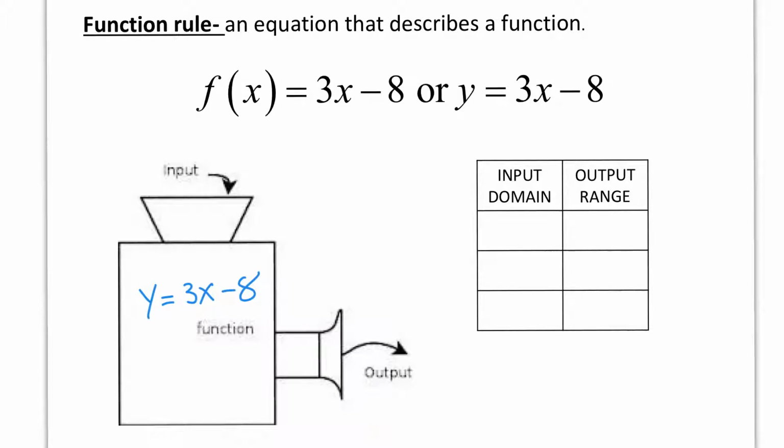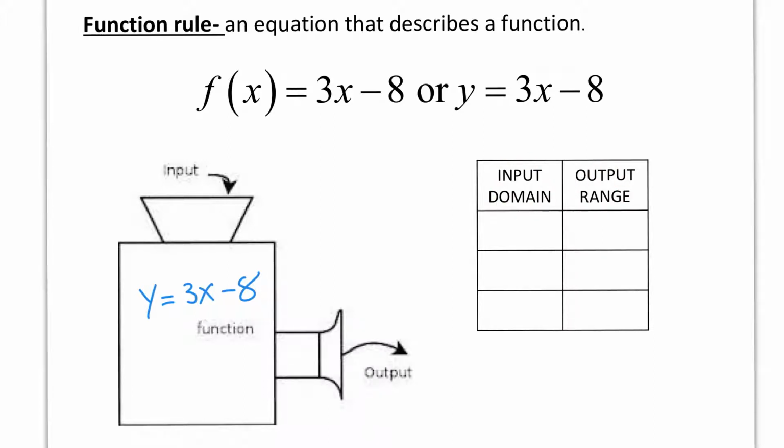When you guys want to make a t-table, notice here we don't have any numbers for this table, but I know that my inputs are my domain values and my outputs are my range values. In other words, these are your X values and these are your Y values.